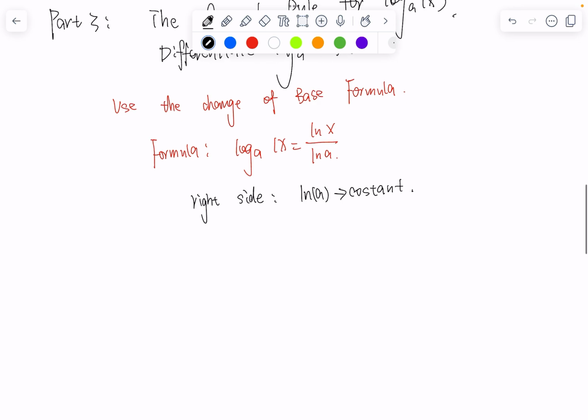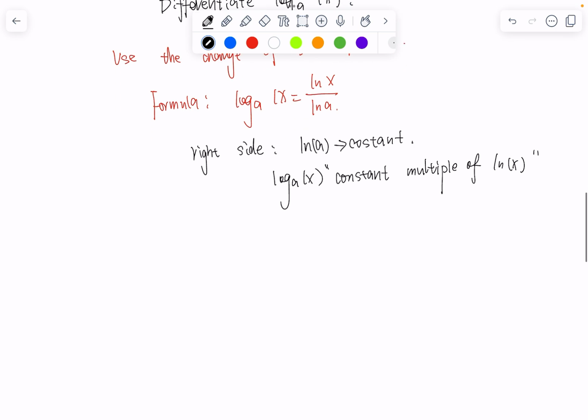It's just a number. So log base a of x is really just a constant multiple of ln x.